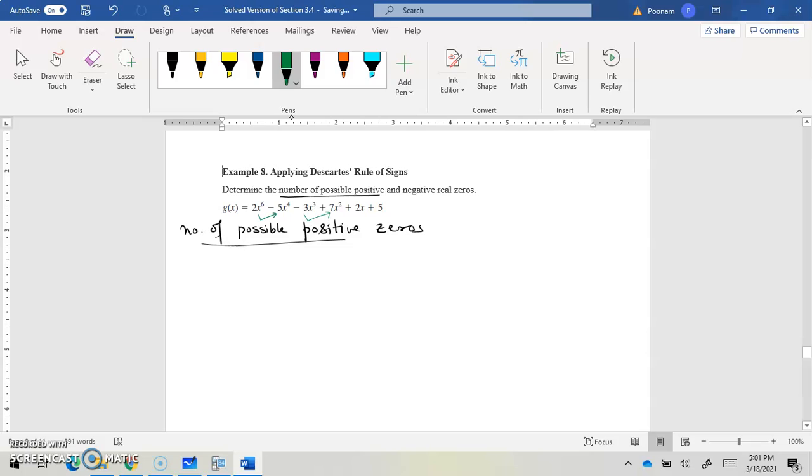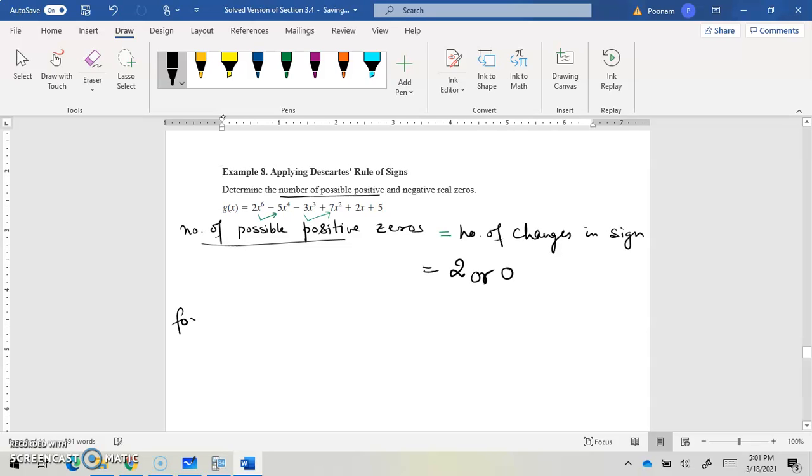So how many changes are happening? 2. So that is equal to number of changes in signs, which can be either 2 or an even number less than that, 0. So possible number of positive zeros is either 2 or 0.